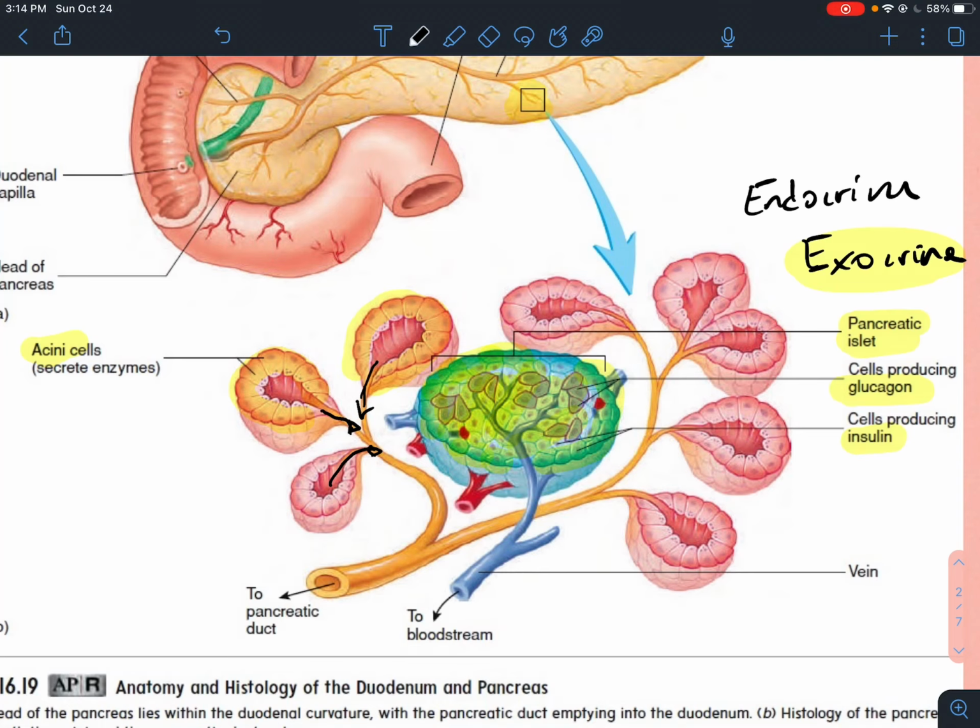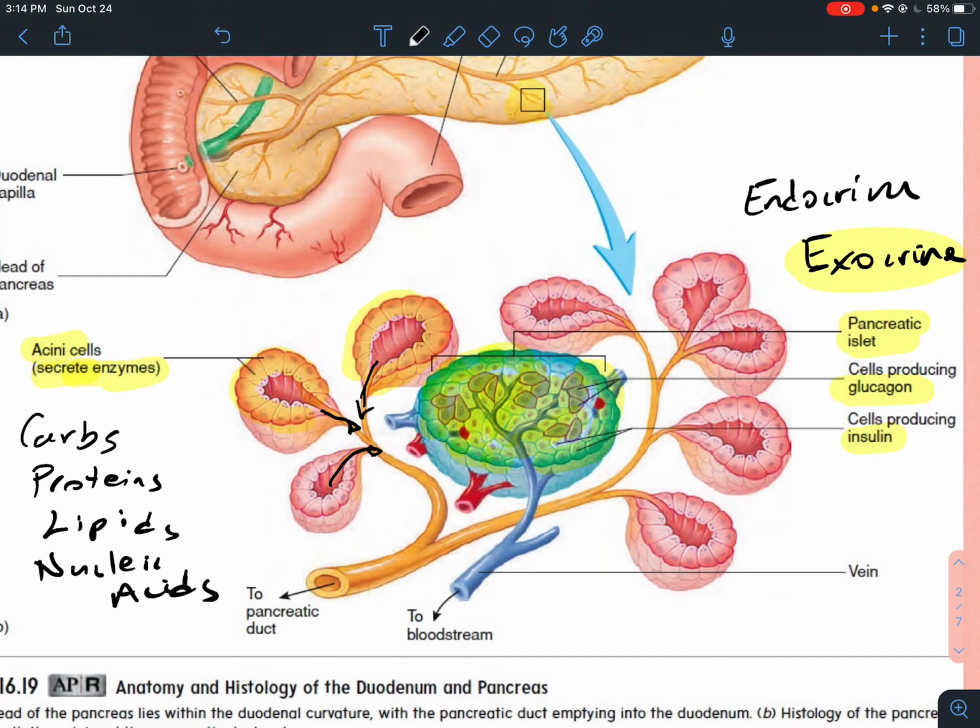And this exocrine secretion is filled with several types of enzymes that can break down our carbohydrates, our proteins, our lipids, and our nucleic acids.